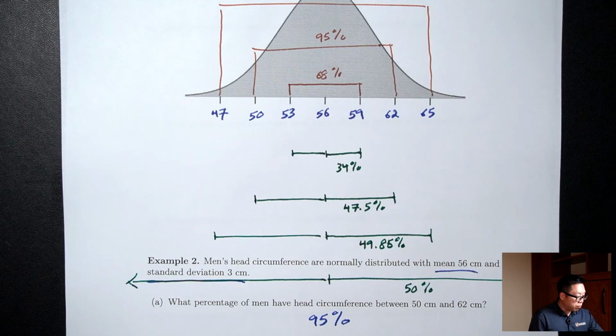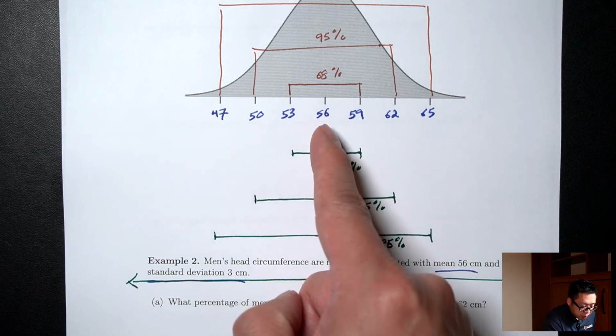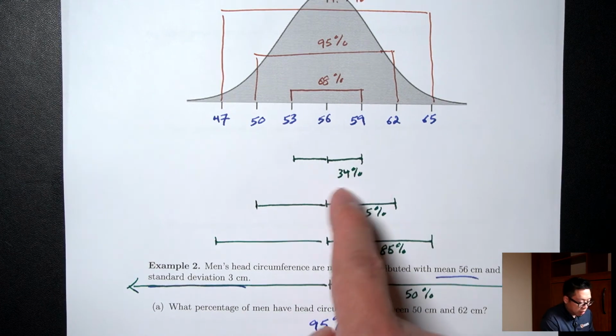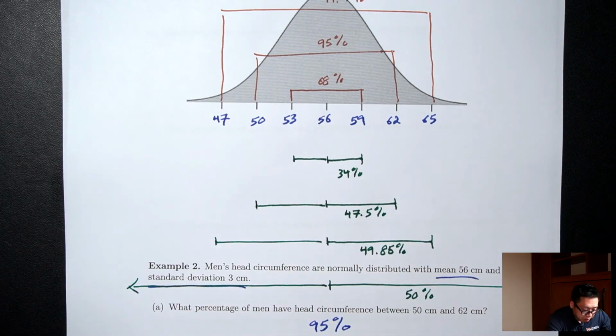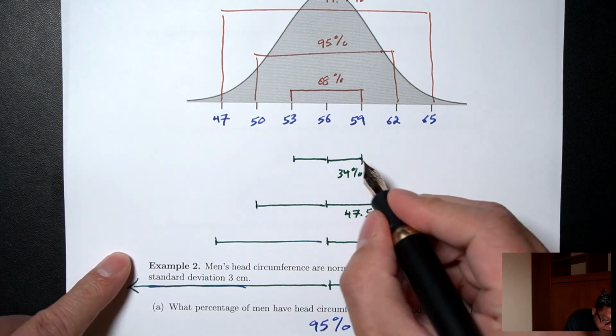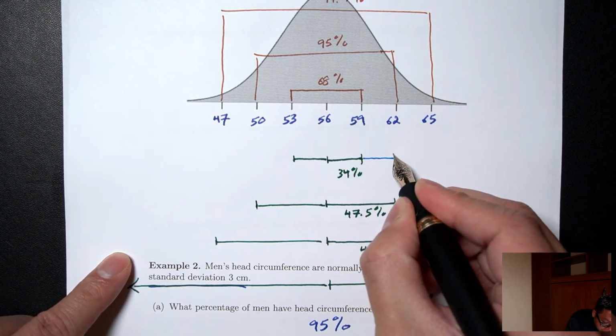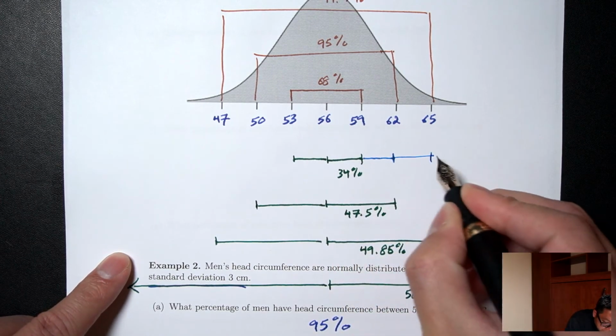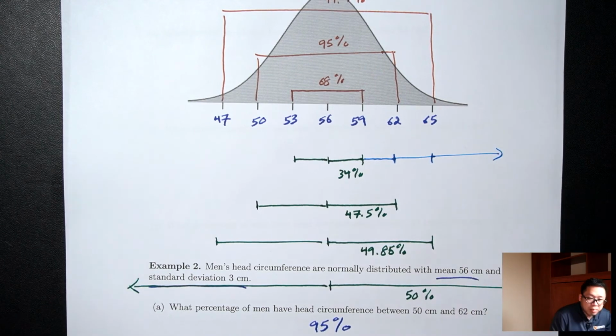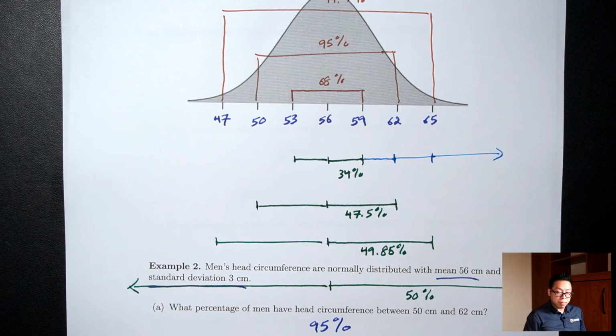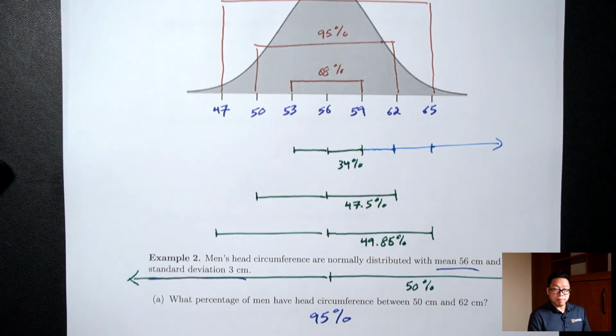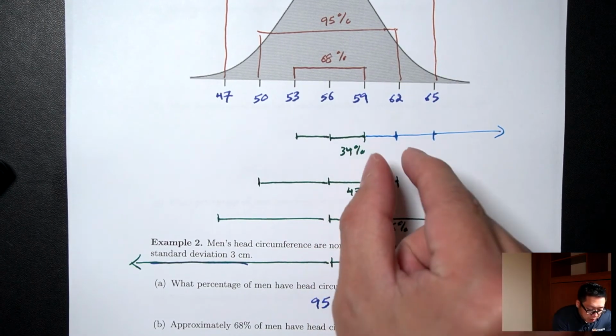Now, what I also want to add on here is, I know between 56 and 59 is 34%. I want to kind of find out these other numbers also. Like if I go from here to here, from here to here, from here all the way to the right. I want to know what percent those are. And how would we find it? This piece.